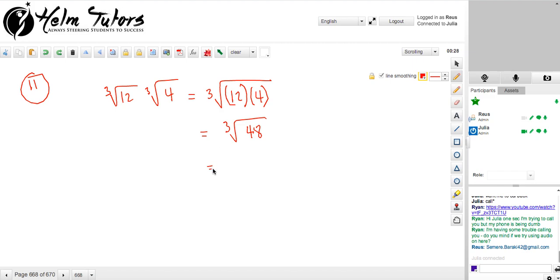I thought it was 64, but 48 is correct. Yes, because 24 and double 24. Yes, exactly. But now we can go back in the other direction, which is 48 has a perfect cube that goes in it. What perfect cube goes into 48? It's okay. So yeah, the perfect cubes.